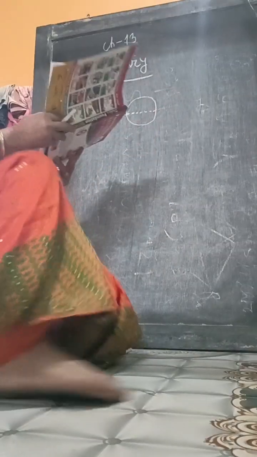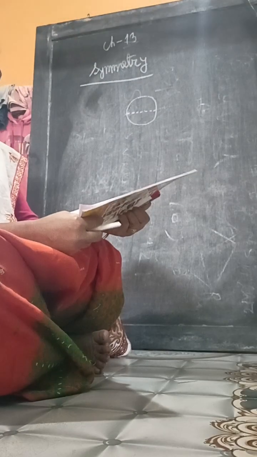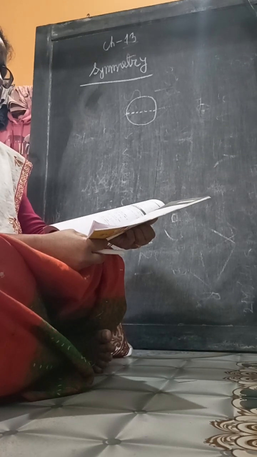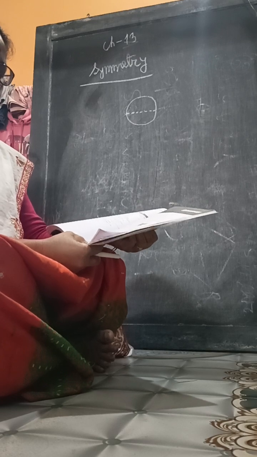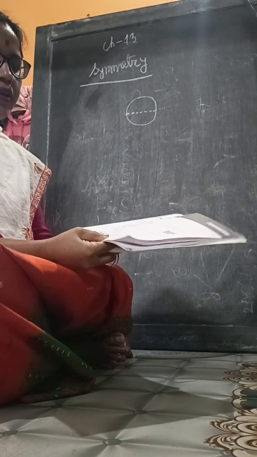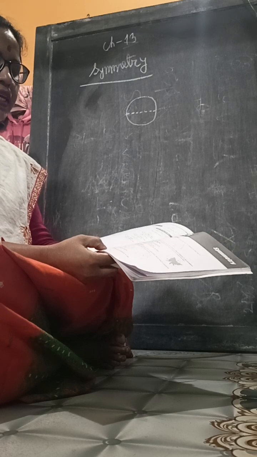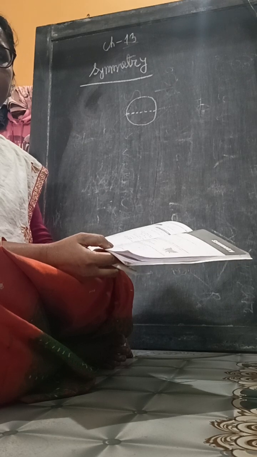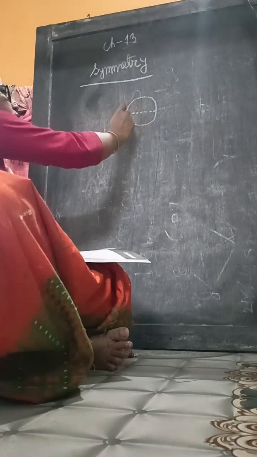In our daily life, we get different objects with different symmetrical lines. Now we understand the types of symmetry. On the basis of axis of symmetry, symmetry can be divided into two types. This is the axis.